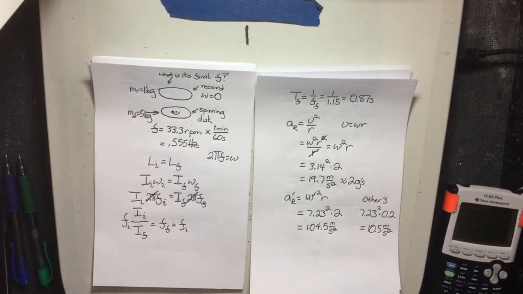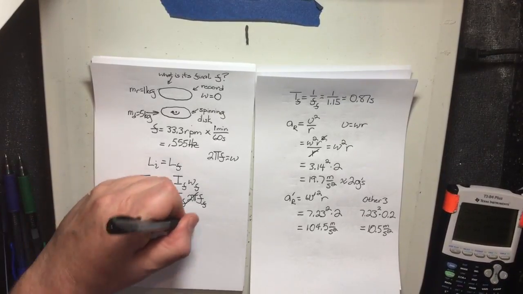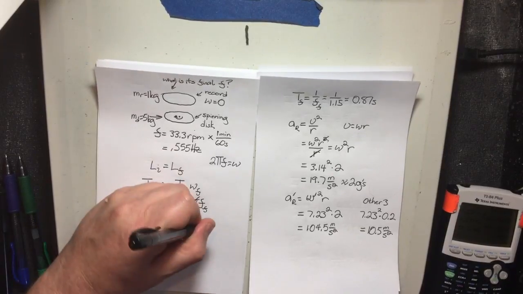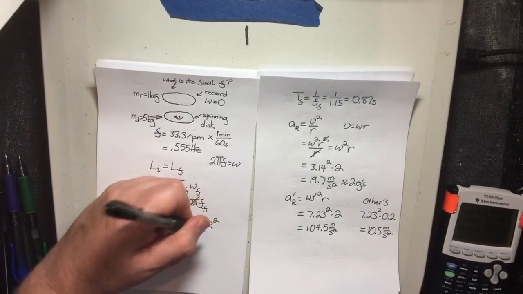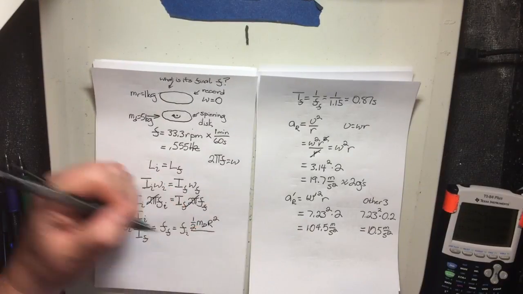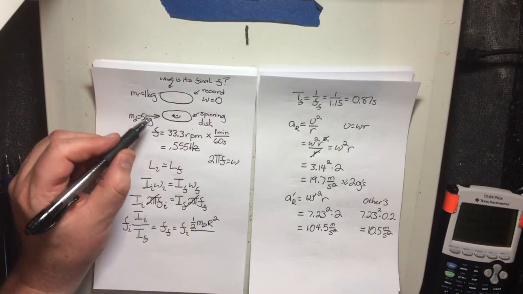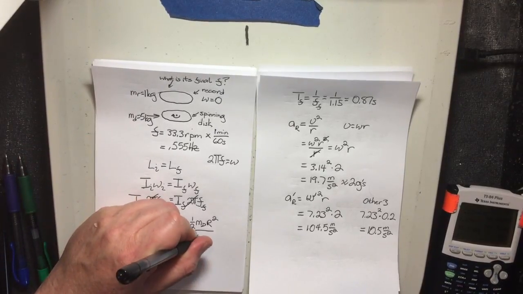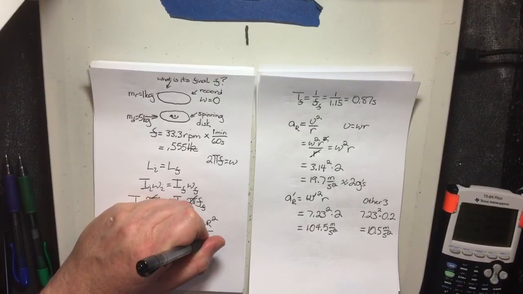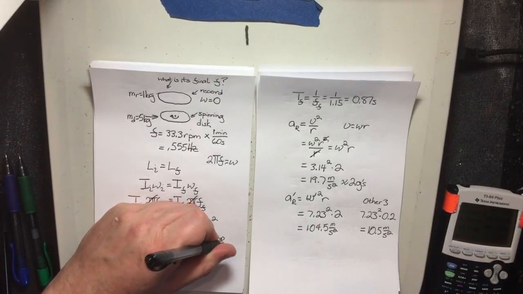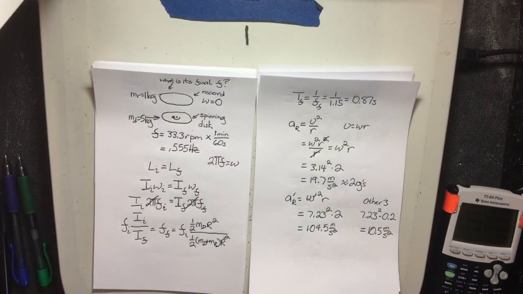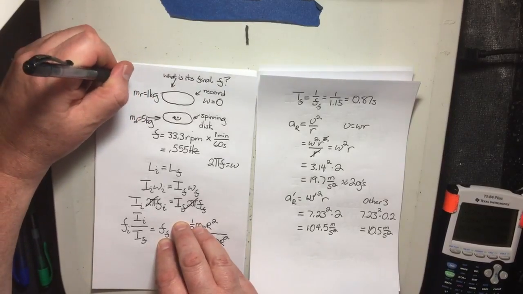The initial moment of inertia, the only thing that's moving is the disk itself, so it is 1/2 mass of the disk r squared. And the new moment of inertia is 1/2 mass of the disk plus mass of the record, r squared. Because the disk and the record have the same radius, I'll just say r.